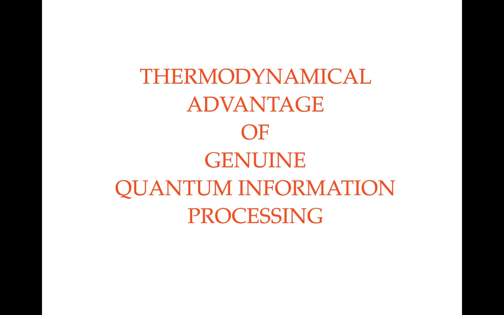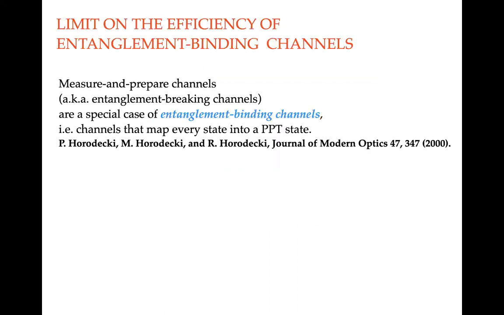So I was saying, no, it shouldn't be like this. There is some intuition that a genuine way to process quantum information, as opposed to doing measurement, should give you an advantage. And this intuition is vindicated if you look at how classical cloning works and how quantum cloning works.